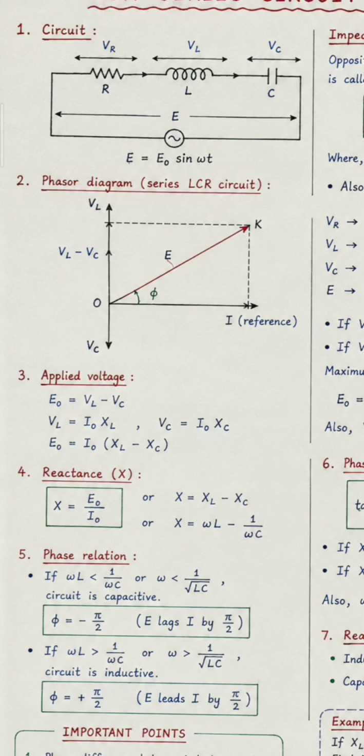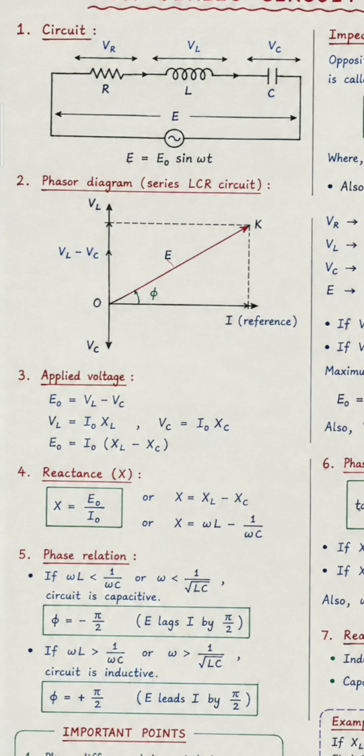And this is the circuit diagram. In this, resistance is there, inductance is there, capacitor is there, and the phasor diagram is also there. VL minus VC, because VL is greater than VC, we can observe it in the diagram also.